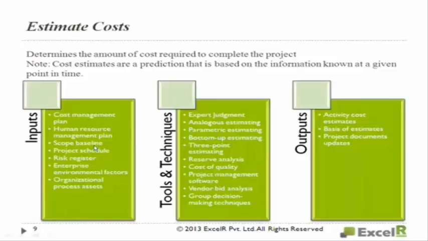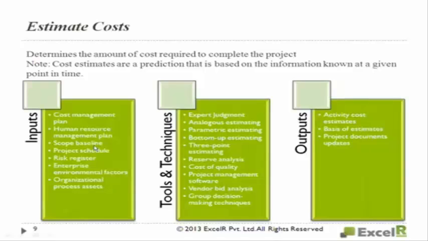EEF is marketplace conditions. What is the average cost for a .NET developer in the market? You may have that in the EEF. The published commercial information, we call it. You need a bulldozer to construct a house. Per hour, what is the bulldozer rate? You need it for 10 hours. What is the bulldozer rate?